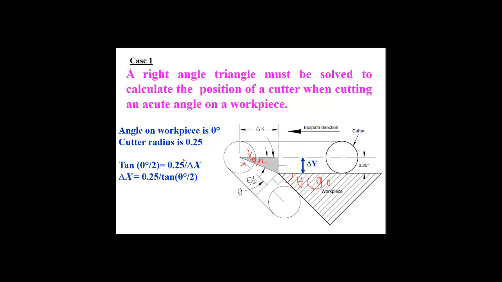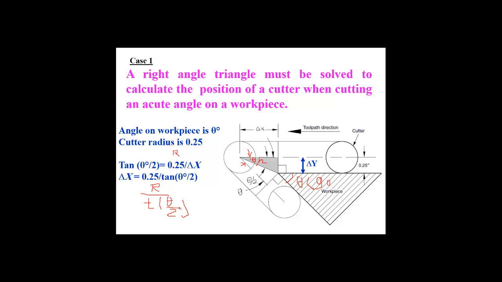So if we know the cutter radius r, and we know the angle, it is very easy now to estimate the amount of dx. dx will be cutter radius r divided by tan theta over 2, or tan half theta. So based on the value of theta and the value of r, we very easily calculate dx.